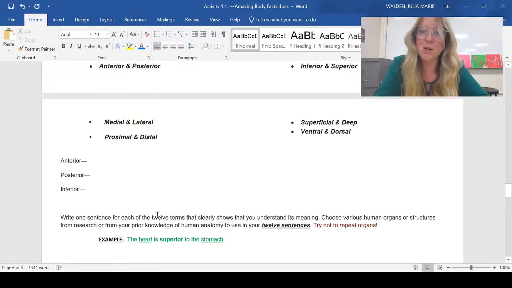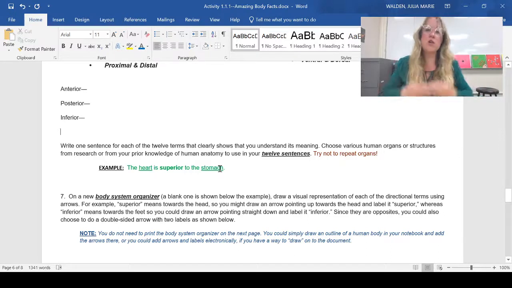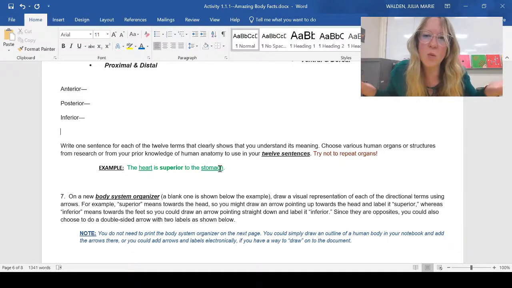If you'd rather write them on paper, you're welcome to do that. After you've defined those words, you're going to write each one in a sentence, and each sentence should have 2 body parts, because when you use directional terms, you're comparing 2 things. You're not just saying, my nose is superior. Your nose is superior to what?